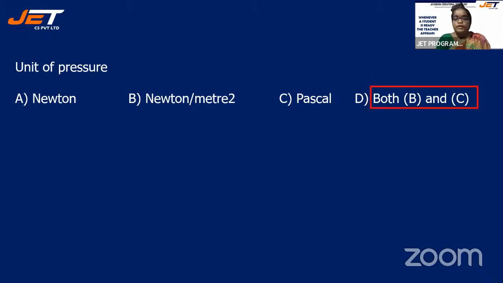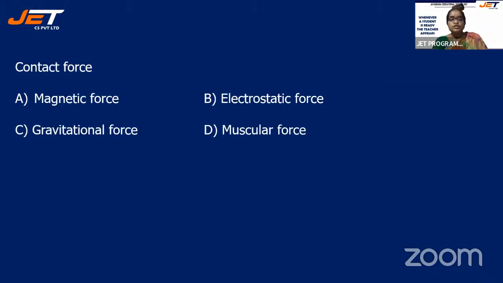So it should be Newton by meter square. Force applied per unit area is nothing but pressure. So it is Newton by area. Area units is meter square. So Newton per meter square or Pascal. Both resemble the same. So those both are units for pressure. So it is option D, that is both P and C. Let us move to the next one.